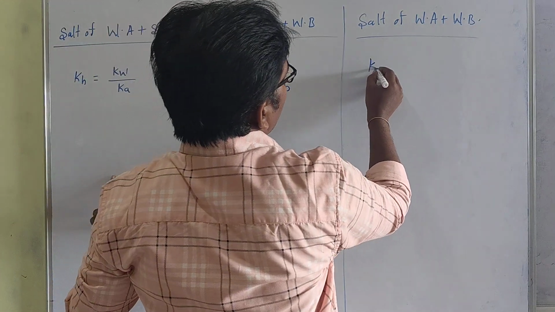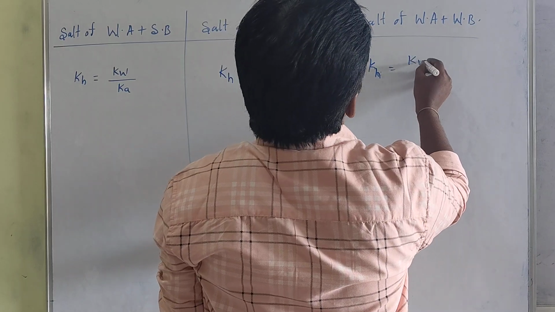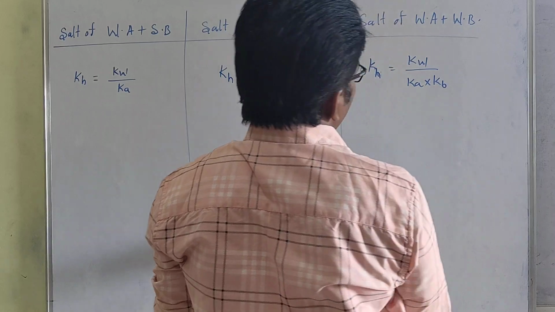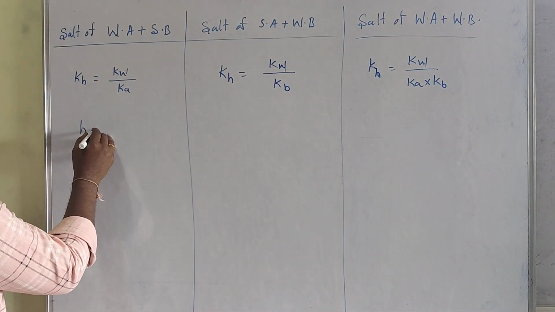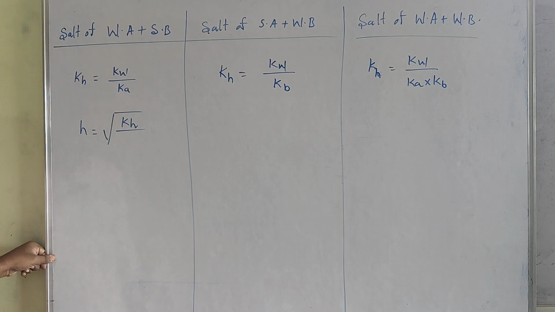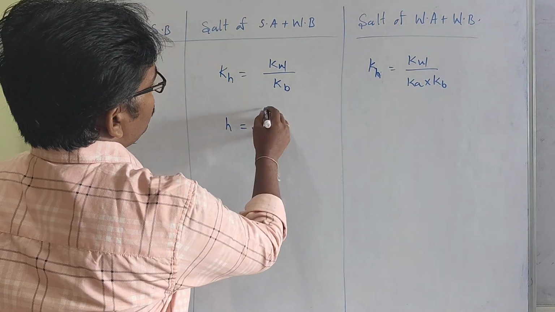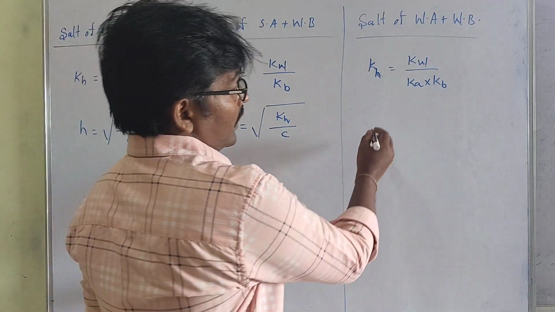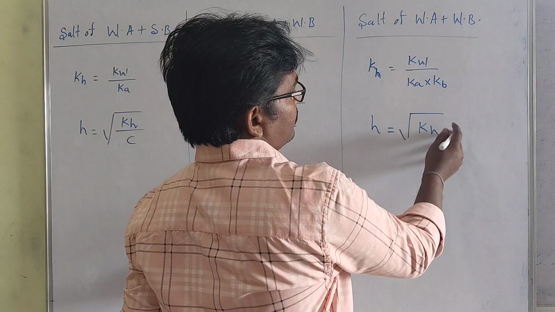For this one, Kh equals Kw divided by Ka into Kb, right? Then from this, h equals the square root of Kh divided by C. Even here also h equals the square root of Kh divided by C. Then here h equals the square root of Kh, that's it.